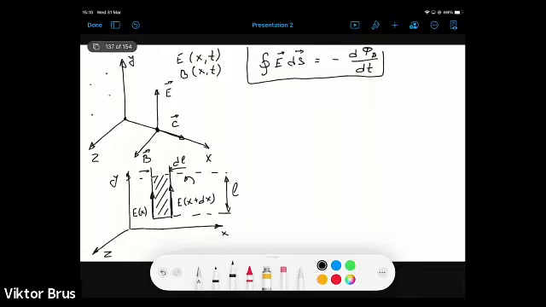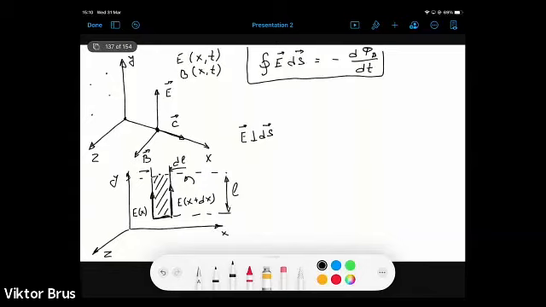We already can say that along the top and bottom sides of the rectangular, this linear integral of the electric field vector will be equal to 0 because the electric field vector will be perpendicular to this element of the path.